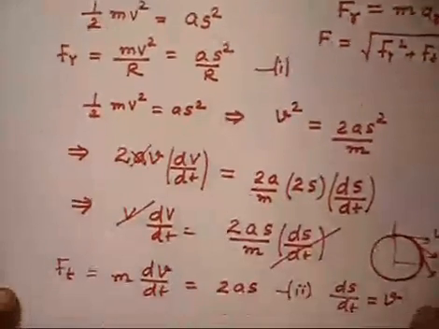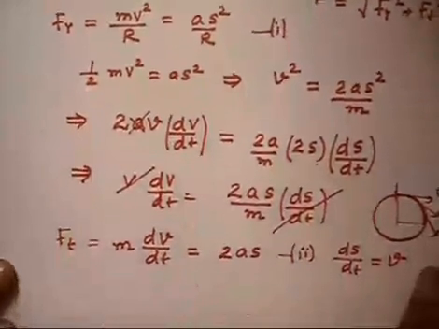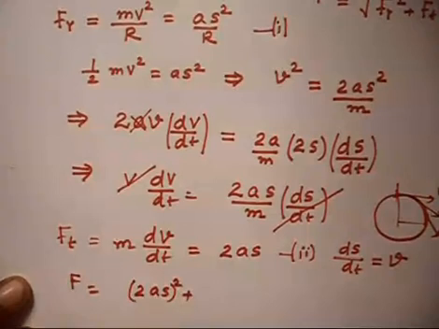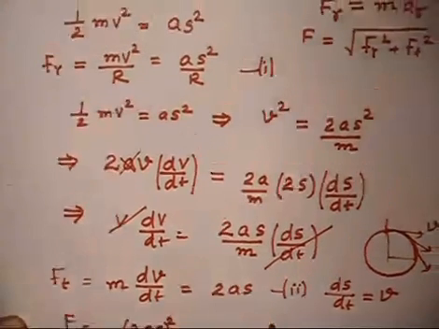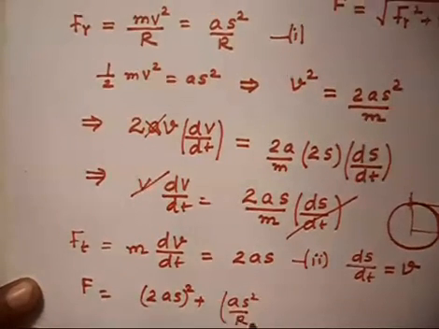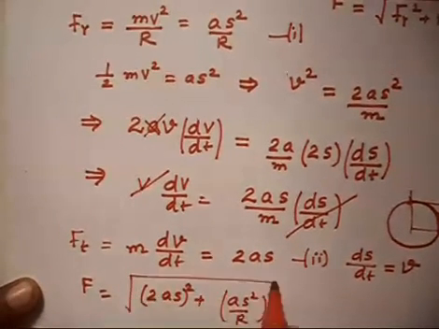If I square and take the root of both the terms, I will have the net force, that is (2as) whole square plus (as square by r) whole square, under root. So this will be the net force.